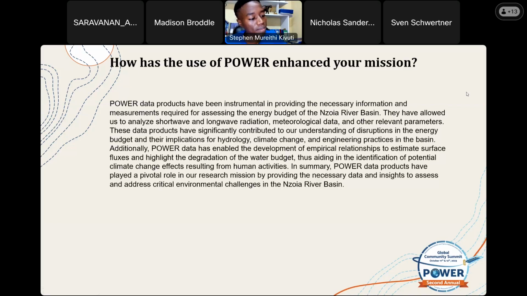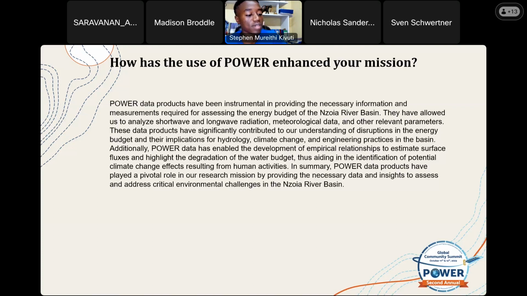The data products have been instrumental in providing the necessary information and measurements required for assessing the energy budget of the Nzoia River Basin. They have allowed us to analyze shortwave and longwave radiation, meteorological data, and other relevant parameters. These data products have significantly contributed to our understanding of disruptions in the energy budget and the implications for hydrology, climate change, and engineering practices in the basin.